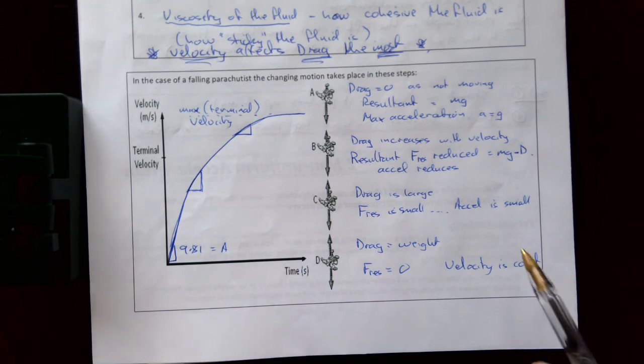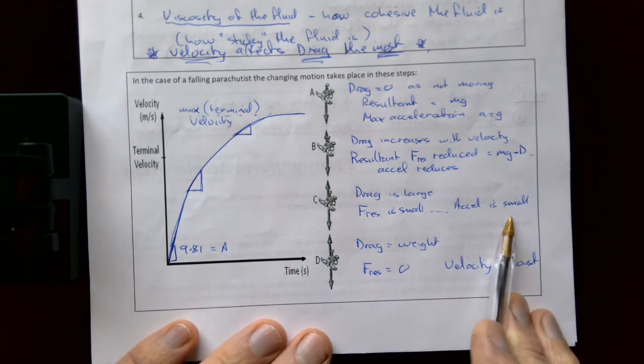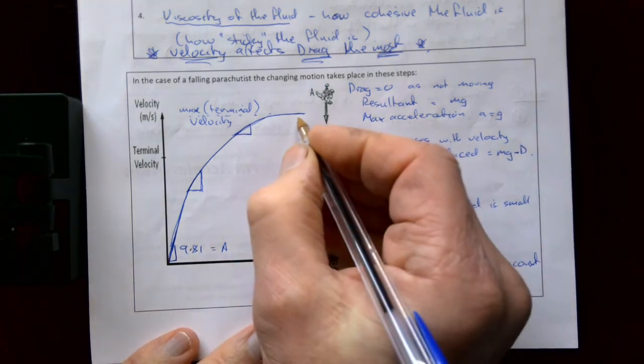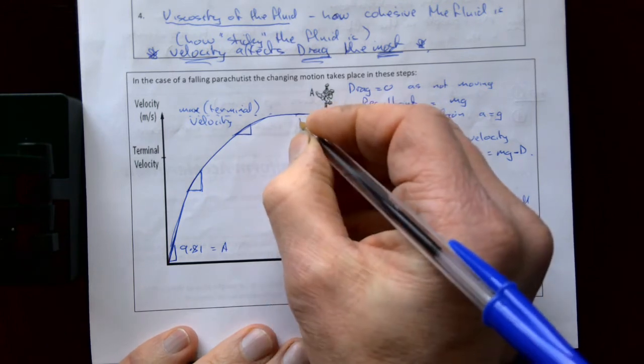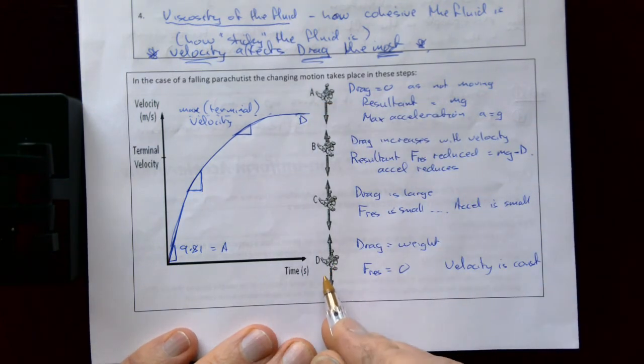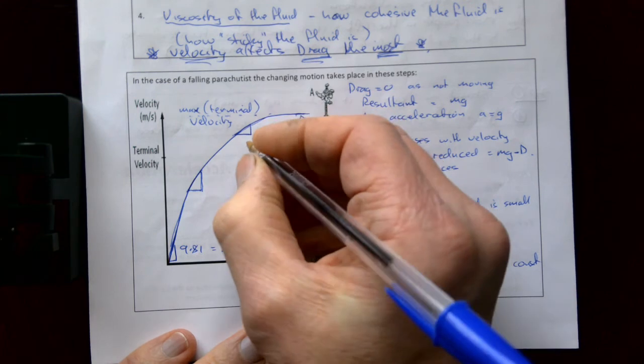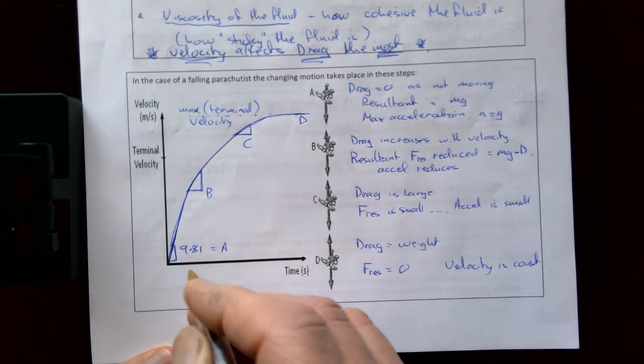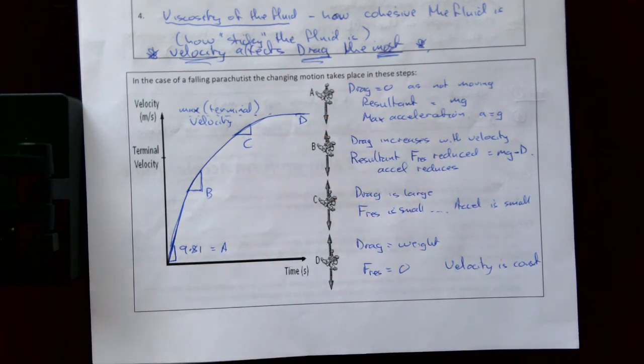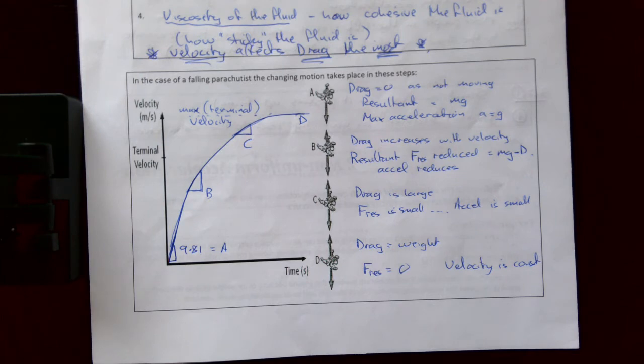Again, if you were describing it, you may want to say the rate of change or draw a bit of a sketch, but basically, yeah, we've got nothing there. So that's scenario, or point in the scenario D, that's C, that's B, and that's A. So all the time the gradient is getting less because your resultant force is getting less. How do you get the resultant force? Just add up all the forces.